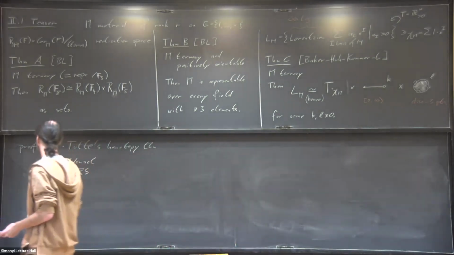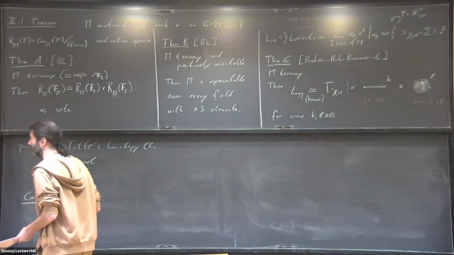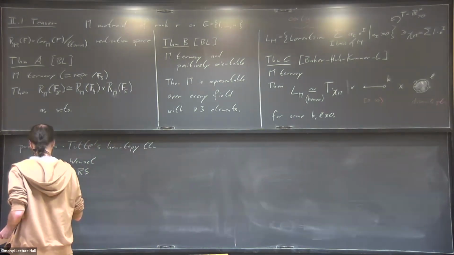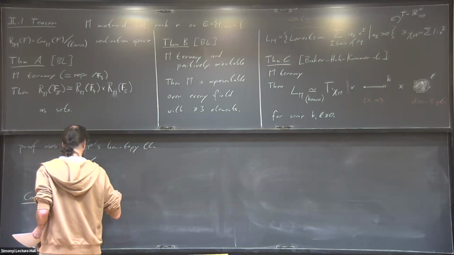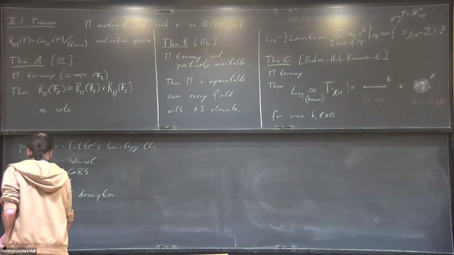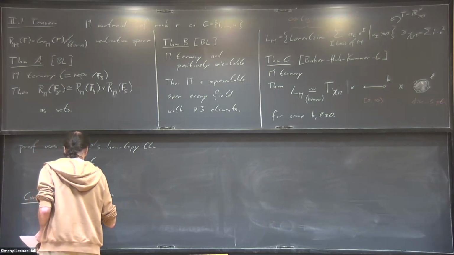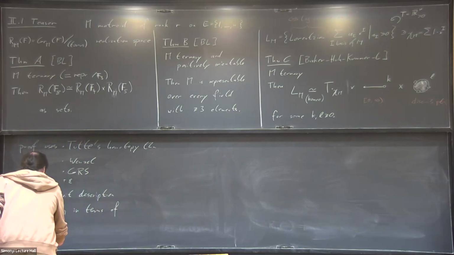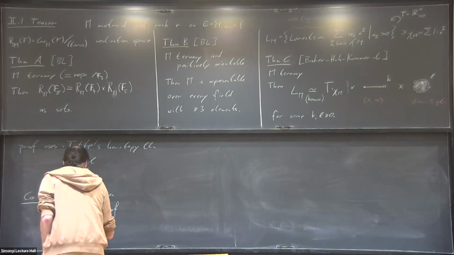So the consequence of that is that we get an explicit description of Fm in terms of generators, which are cross ratios.